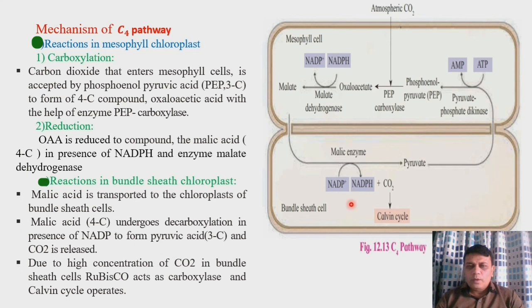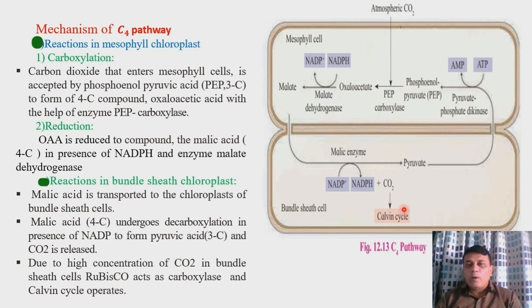Now here we can see that the carbon dioxide is released, and due to the high concentration of carbon dioxide in the bundle sheath cell, the rubisco acts as carboxylase, and as rubisco is present, the further process of Calvin cycle occurs.